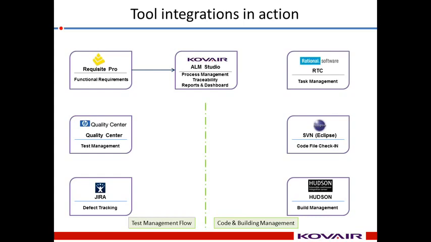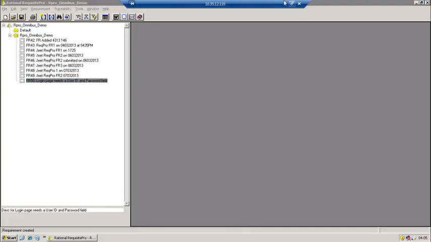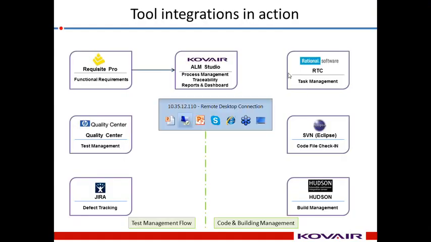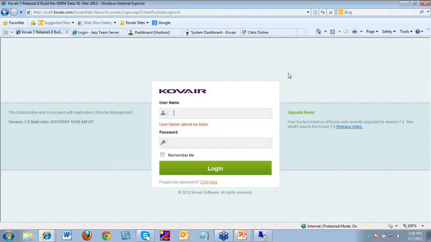So to process-enable the requirement submitted in Requisite Pro, we are passing it through Kovair, which has a workflow engine, and this workflow allows you to create tasks. Through this task management system, which we call the Omni process, Kovair allows you to review and approve a requirement and set its transition across the various phases.